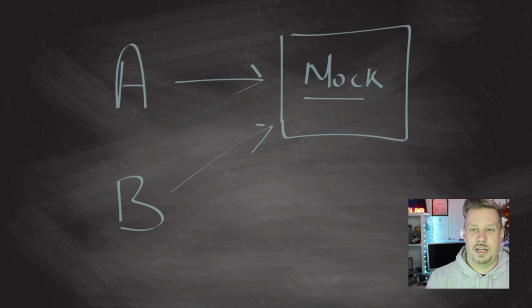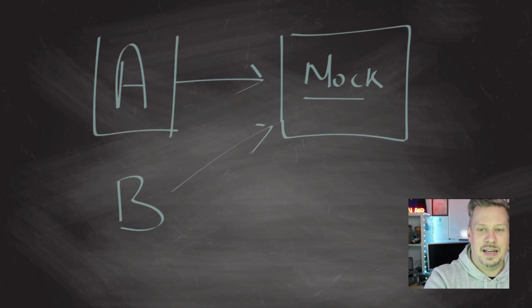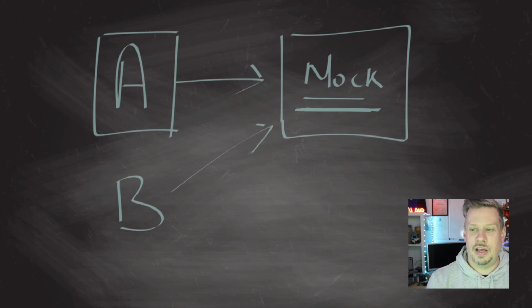So we apply DRY. We don't want to repeat ourselves, so we reuse the mock. And that's fine. Everything's good. Until test case A has to change what this mock actually sets up for that test. This inadvertently makes test B fail. And that is not a good thing.